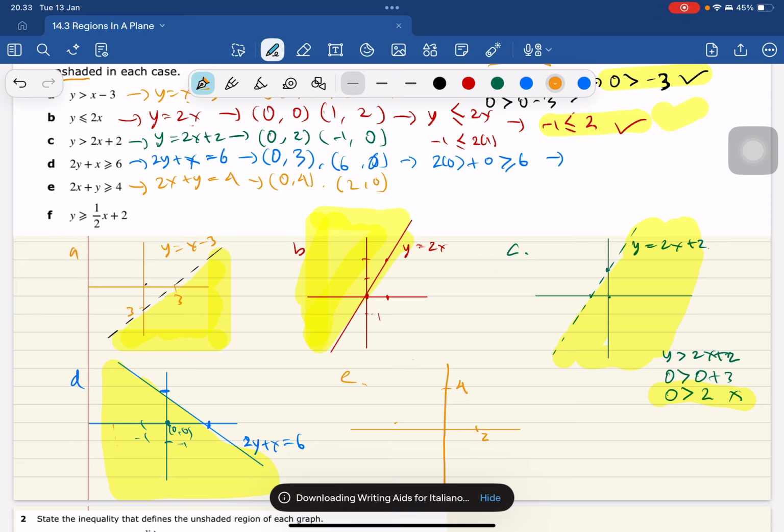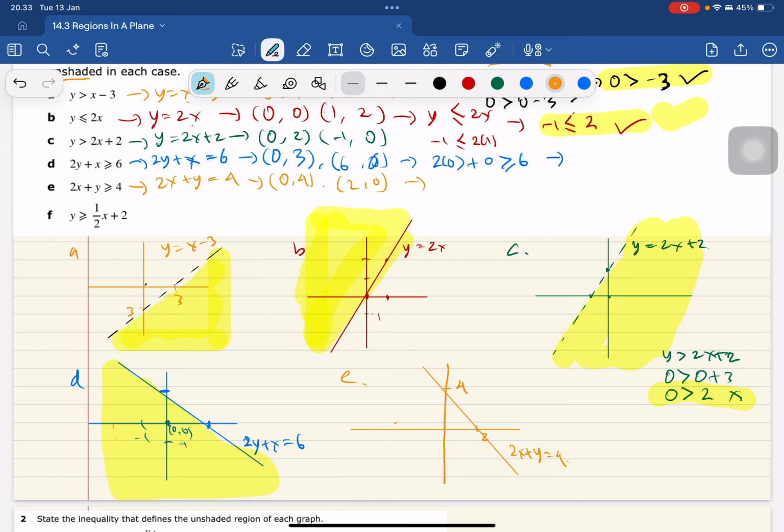There is an equal sign, so we can just make it a straight line. Okay, there we go. So this is 2x plus y equal to 4.